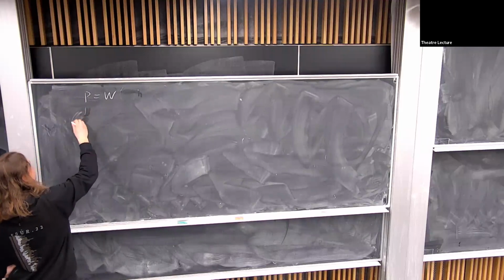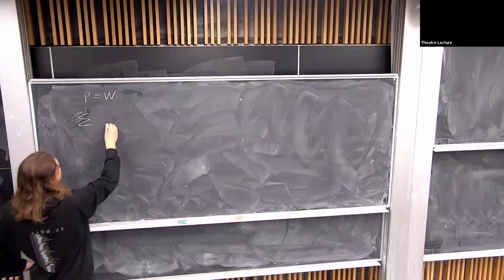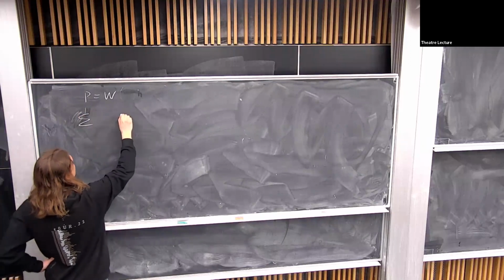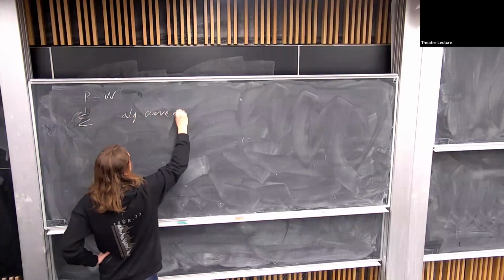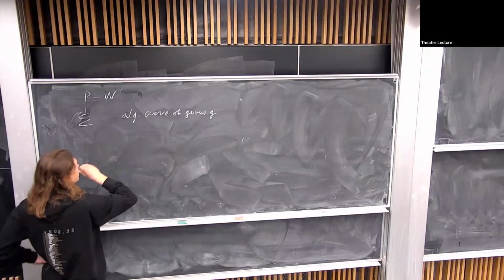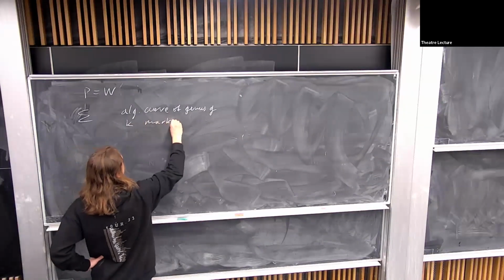So we fix the sigma, an algebraic curve minus G, and this may be K points.